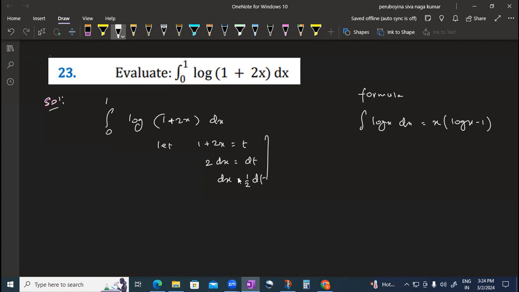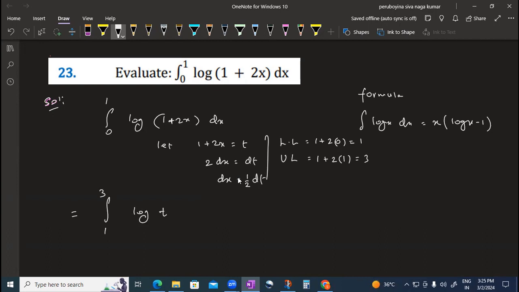And also we will change the lower limit and upper limit. Lower limit 0, so 1 plus 2 into 0 is equal to 1. 1 plus 2 into 1 is equal to 3. So this problem changes to lower limit 1, upper limit 3.